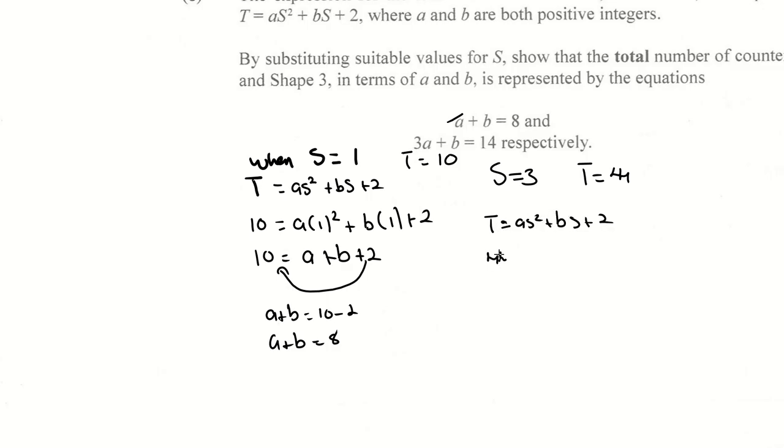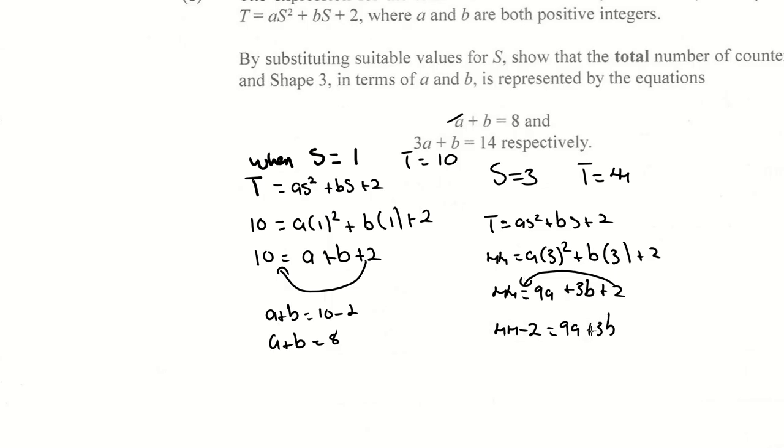So 44 is equal to a by 3 squared plus b by 3 plus 2. So 44 is equal to, 3 threes are 9, that's 9a plus 3b plus 2. Alright, carry this across over the equal sign. So that's 44 minus 2 is 9a plus 3b. This would be 42 is equal to 9a plus 3b.